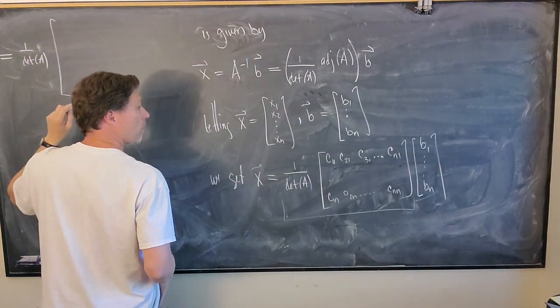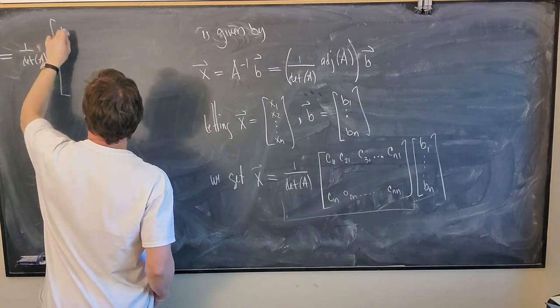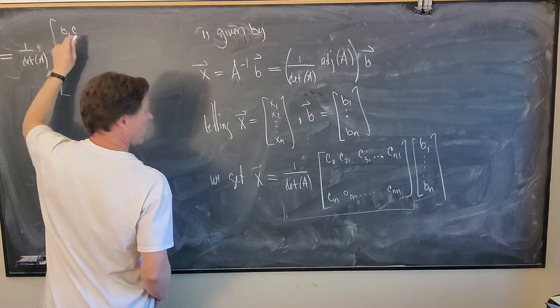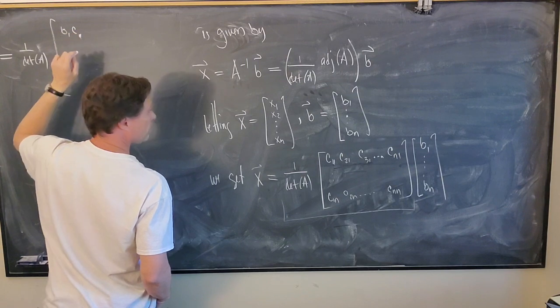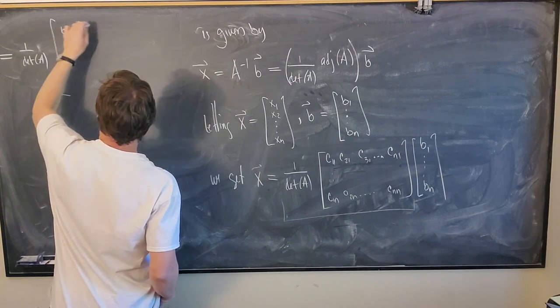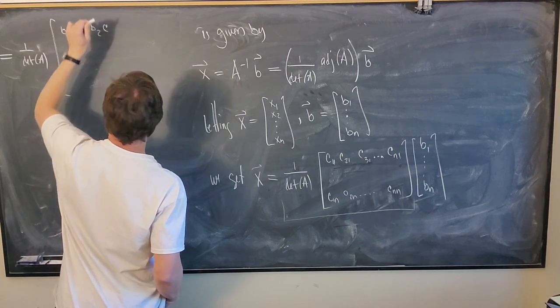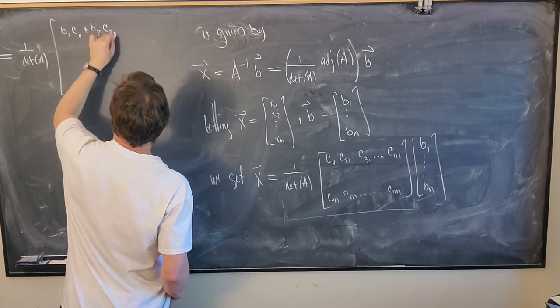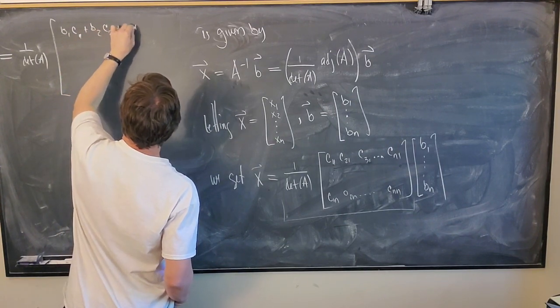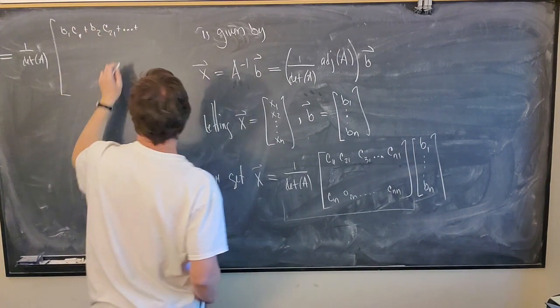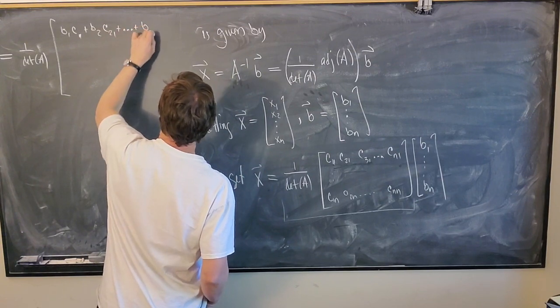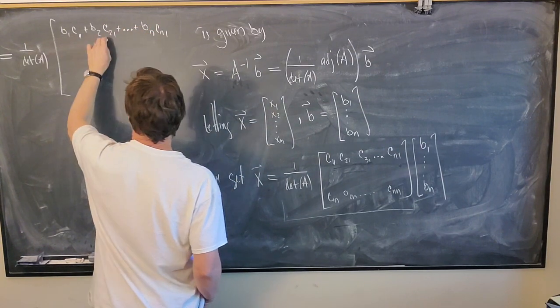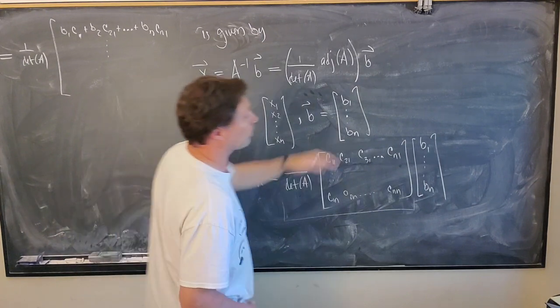So what we will have is B1 C11 plus B2 C21 plus dot, dot, dot plus Bn Cn1. And you keep doing this, second row dotted with that.